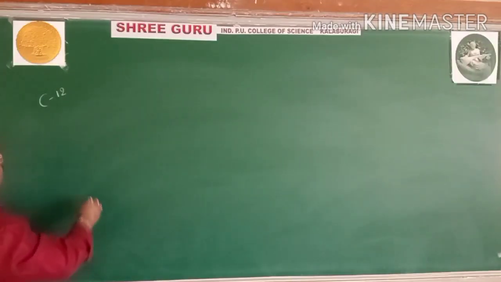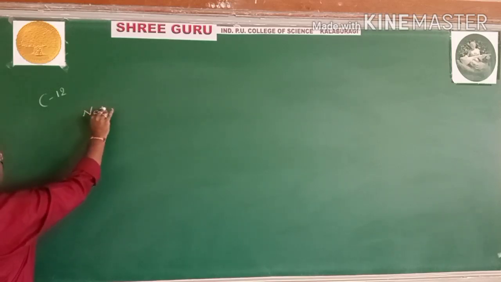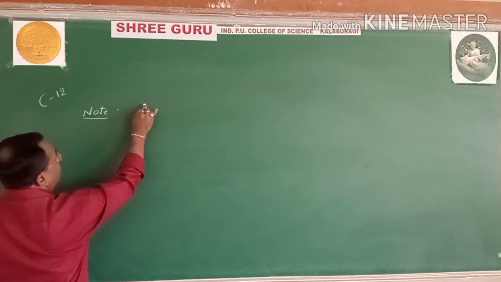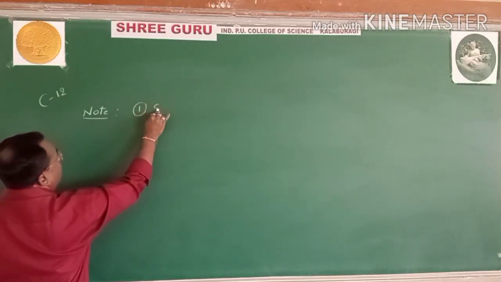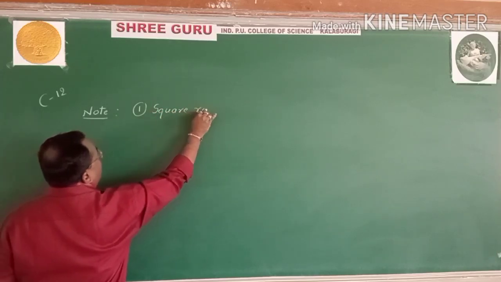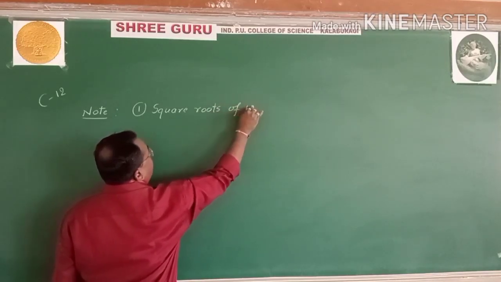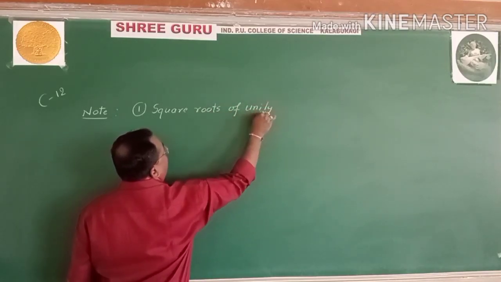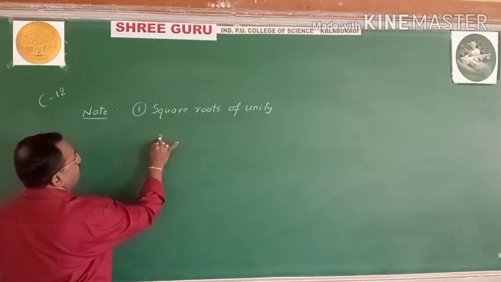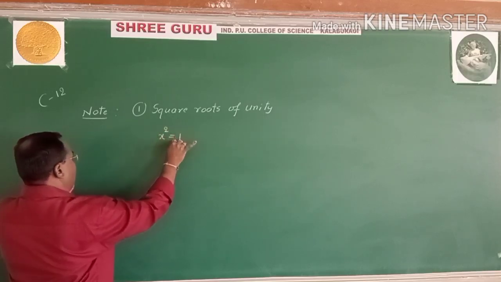Here that is note: square roots of unity, that is x square is equal to 1.